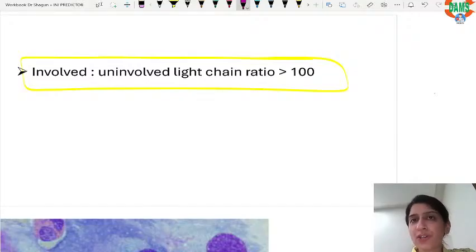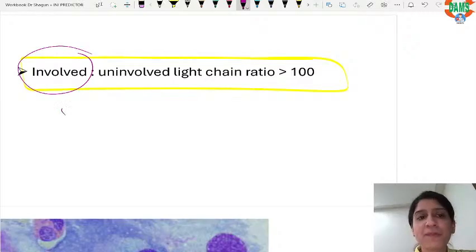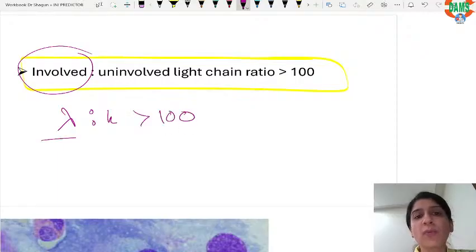So I just told you that your multiple myeloma can be either lambda restricted or it can be kappa restricted. Example ले लीजिए. For example, I have a patient of multiple myeloma, and in that patient, this is a lambda restricted multiple myeloma. So that means involved chain is lambda, and the ratio of involved lambda chain to the kappa chain should be more than 100.